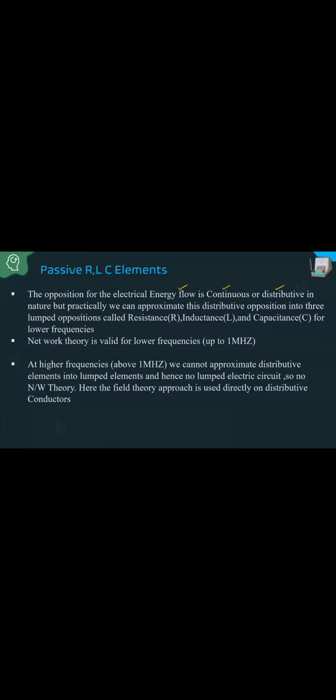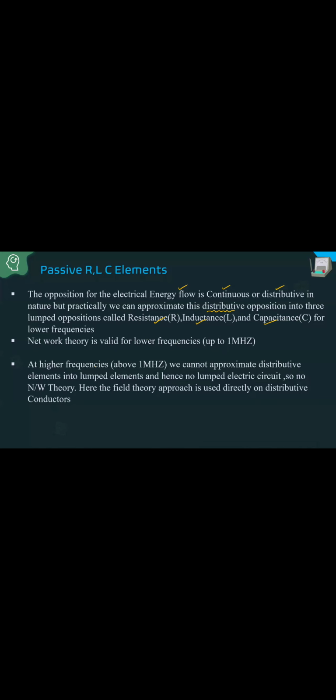But practically, the opposition for electrical energy flow is approximated as distributive. That is, you have to represent the opposition by using three lumped parameters. We can approximate this distributive opposition into three lumped oppositions called resistance, inductance, and capacitance.